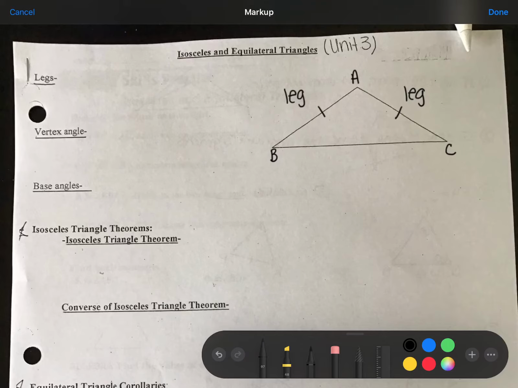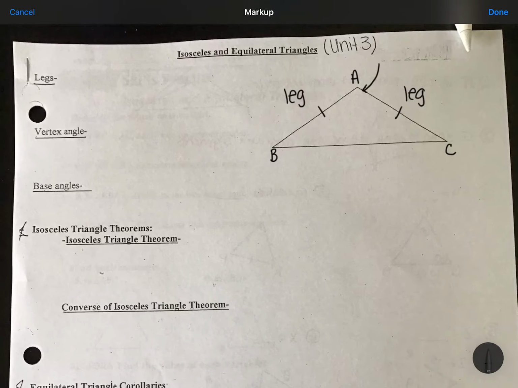The two legs make up what is called the vertex angle. So the vertex angle is at the top of this picture. And then you have base angles. The angles at the bottom of the triangle in this picture are called base angles.